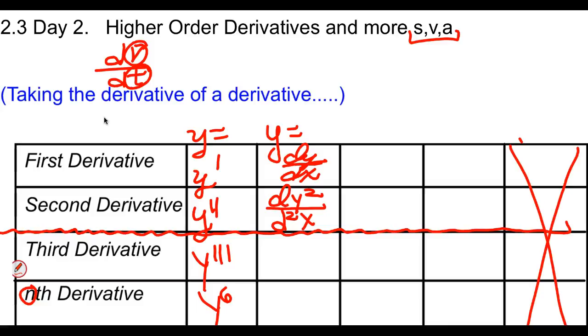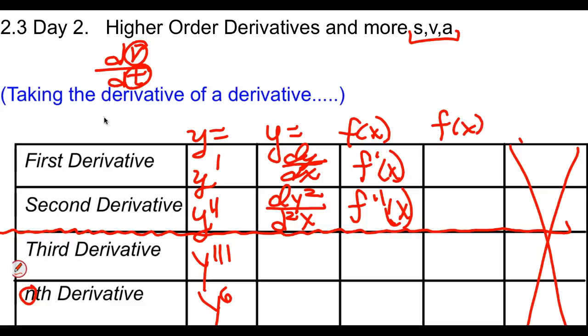The other way is if it's written as f of x equals, just like you've been used to, we write it as f prime of x and f double prime of x and triple prime and nth prime. You got the gist of it. Last up is sometimes if it's written as f of x equals, and then there's some function, like maybe the original function was sine x or e to the x, sometimes they'll write it like this.